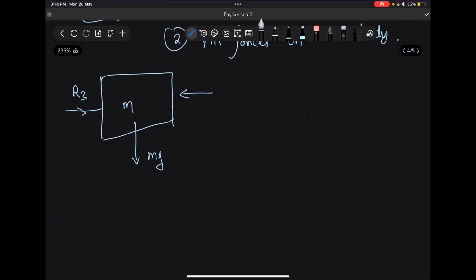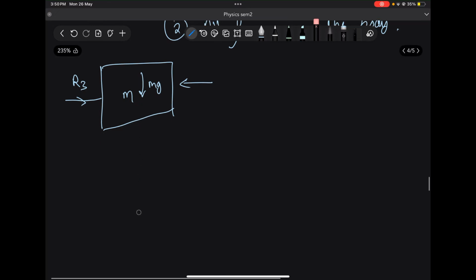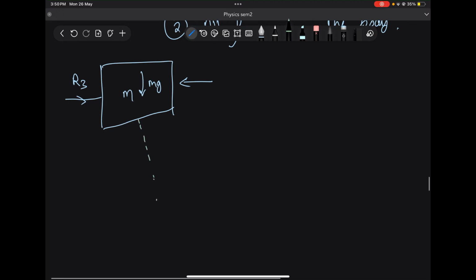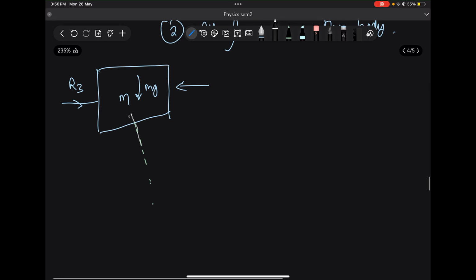Now from the concept which I talked about, I'll just draw mg over here so that I can explain the concept. If I draw a line which is perpendicular to the surface, then I would say that the reaction force is along this line from the wedge. So the reaction force, or rather the normal force, right?